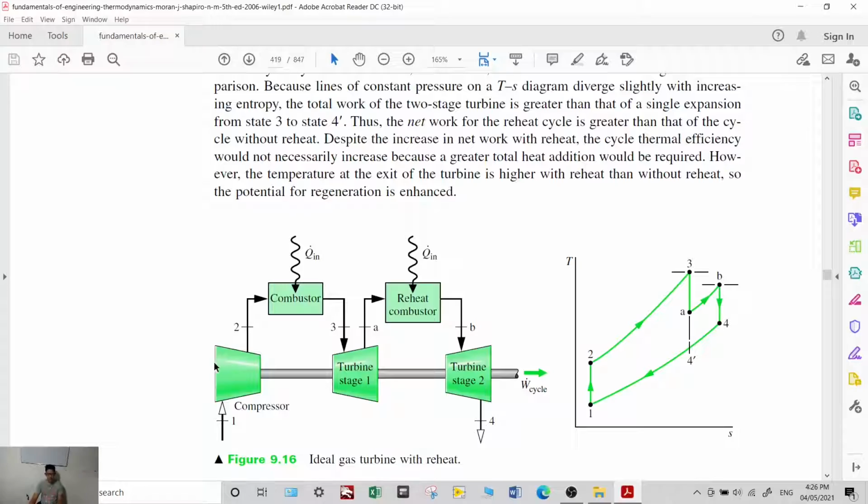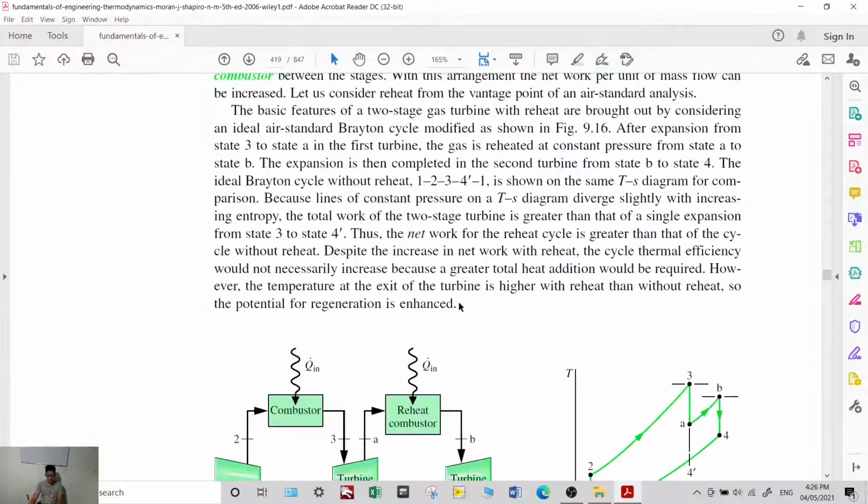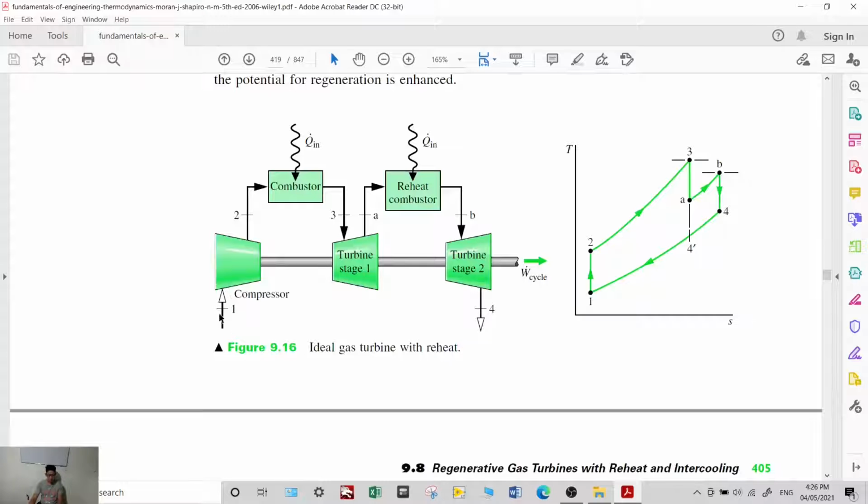This is the setup for a gas turbine with reheat. At first, after the air is compressed at state 2, it enters the combustor and the temperature is increased at constant pressure to state 3.